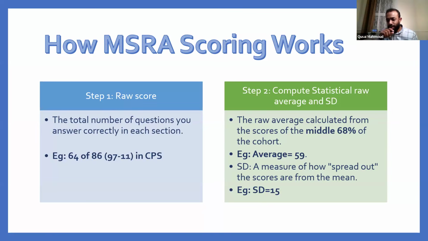We will see that now because they use the bell curve, then they dismiss the outliers, people who scored very, very high and very, very low. They use just the middle 68%, the people in the middle. They calculate their raw marks. Then from this, they calculate the average of the whole cohort. So let's say the average was 59 and you scored 64, a little bit above the average.